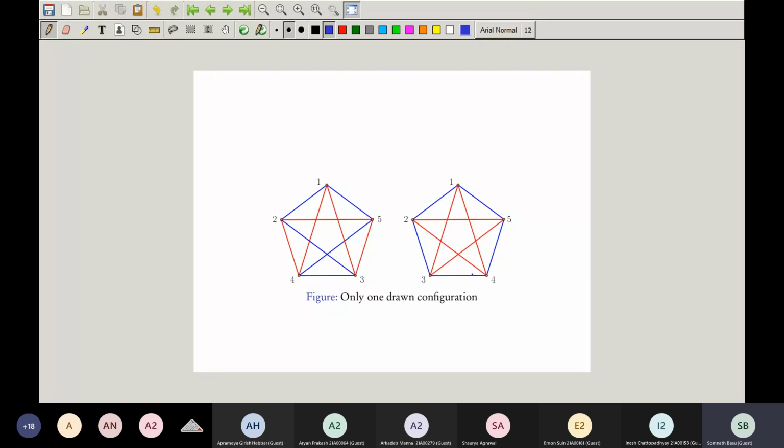So there's only one drawn configuration. It looks different, but up to permutation of the vertices, there's only one drawn configuration. So the point is, if two players are playing correctly and you know that they will end in a draw, it has to basically look like, up to a permutation, a version of the 5-pointed star bounded by a pentagon.